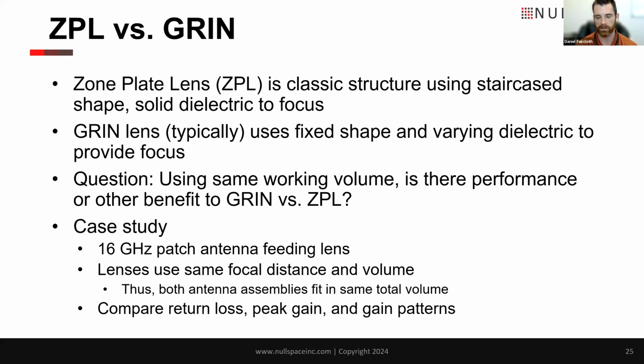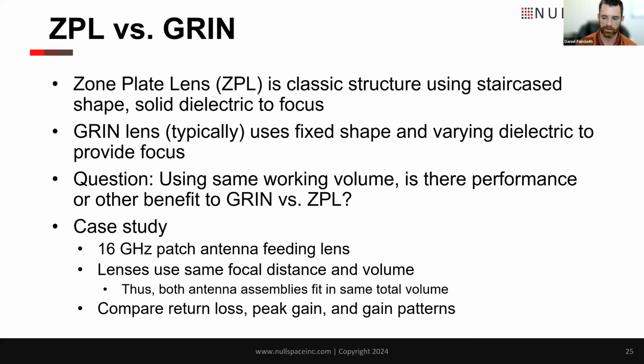So a traditional lens structure might be a zone plate lens. If you look up Fresnel zone plate lenses, they're a classic structure that use staircase shaping of solid dielectric to perform that lensing function. And they tend to be reduced in volume and weight as compared to a traditional optical lens.